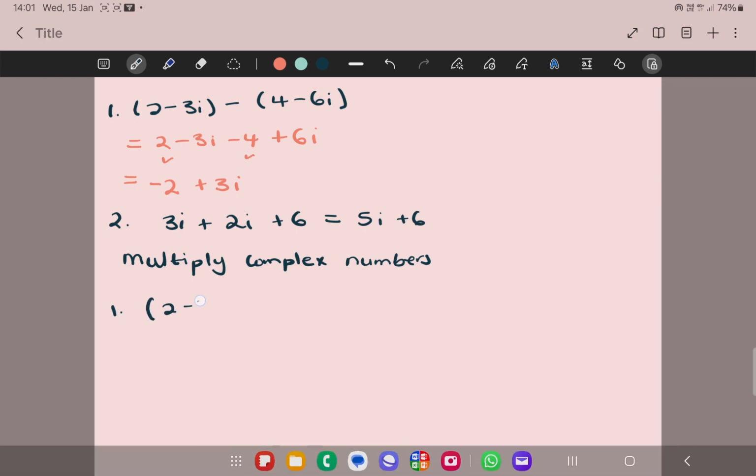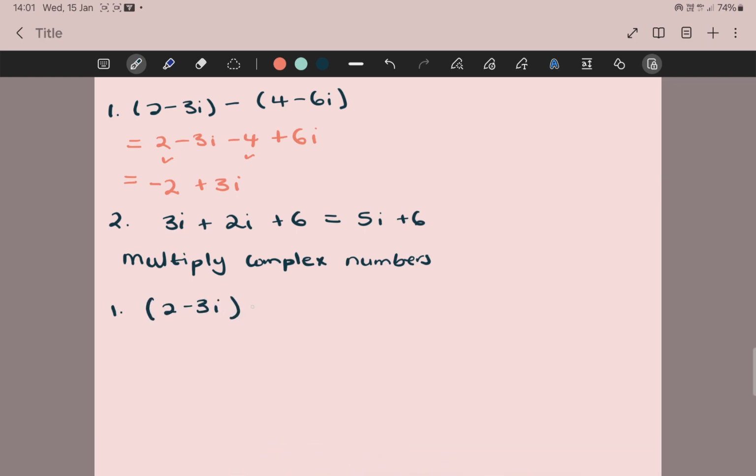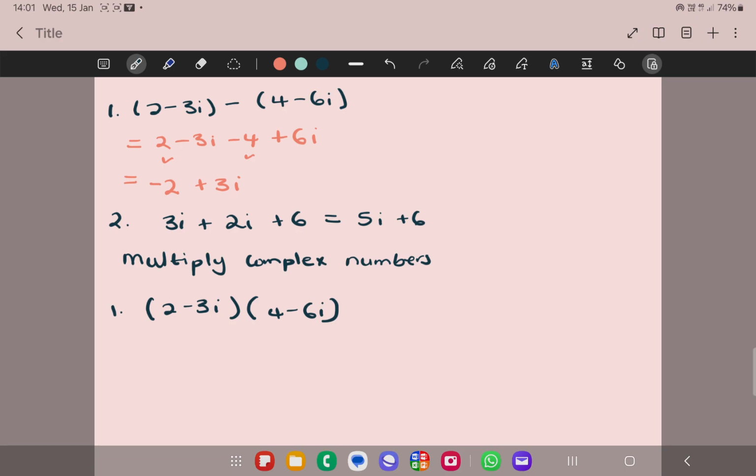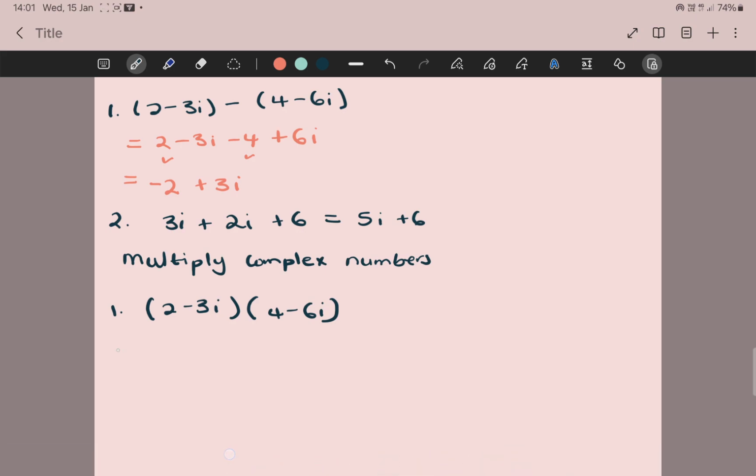So I'm going to have (2 minus 3i) times (4 minus 6i). So now we are working with a times because there is no sign in between. Please be very careful of that. So now we are going to use our FOIL method as we are multiplying two binomials.